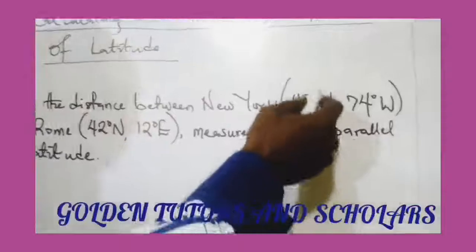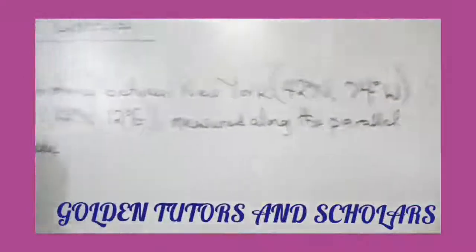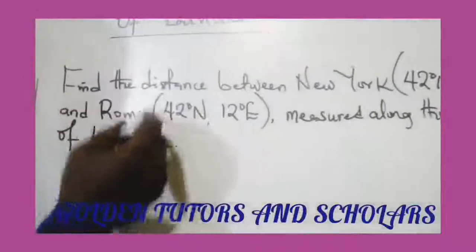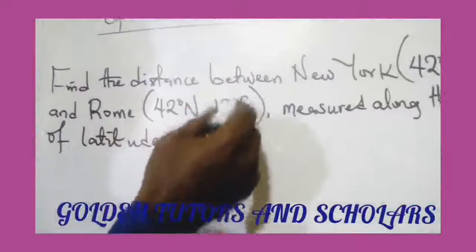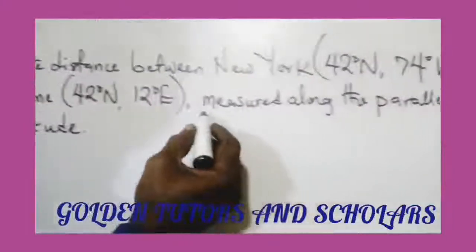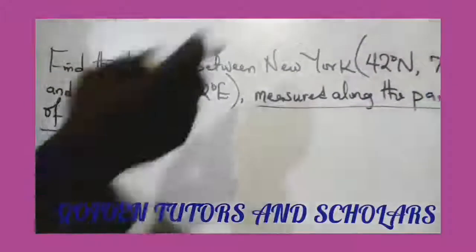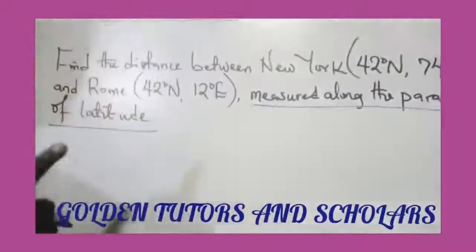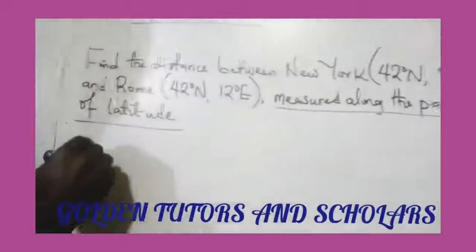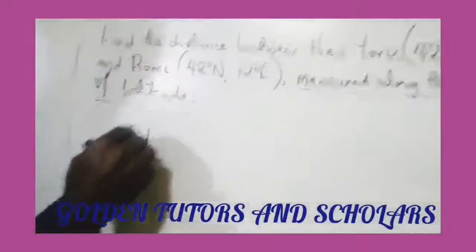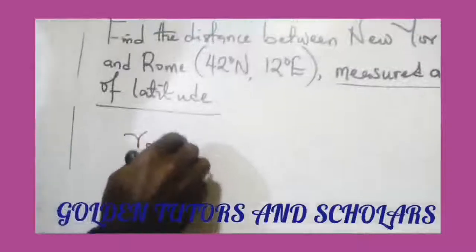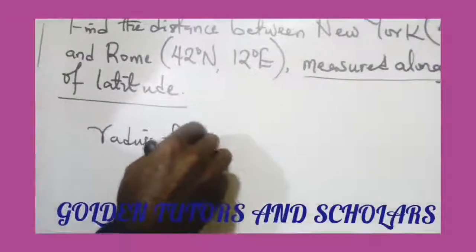New York is on the coordinate 42 degrees north, 74 degrees west, and Rome is on the coordinate 42 degrees north, 12 degrees east, measured along the parallel of latitude. What is the difference between this and what I discussed in the first lesson? The radius of the parallel of latitude is the difference.